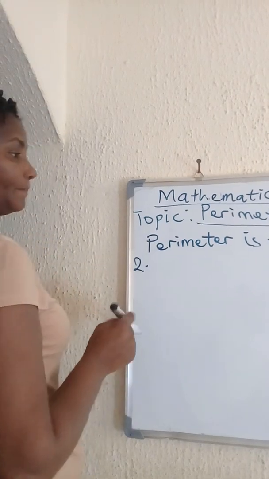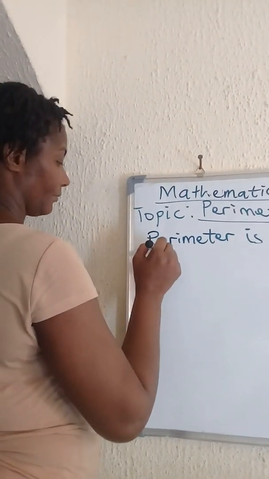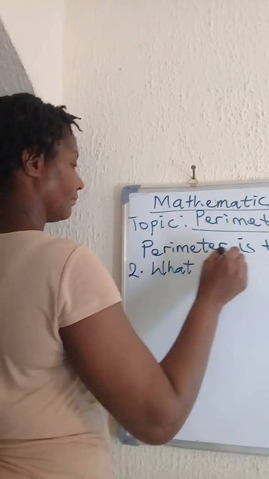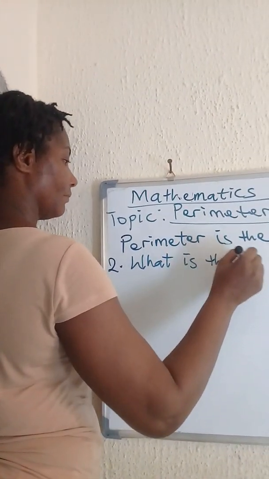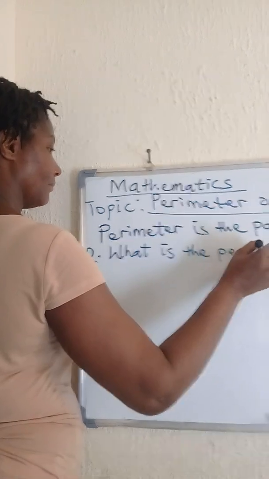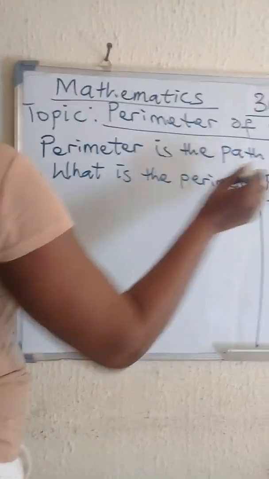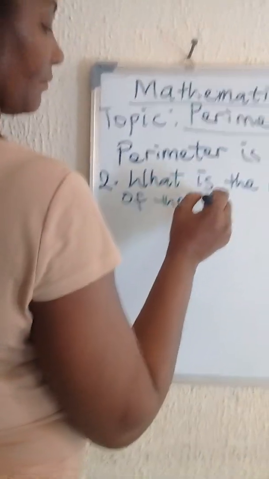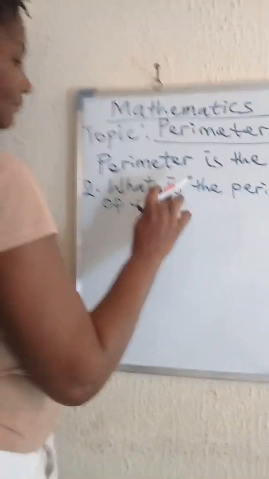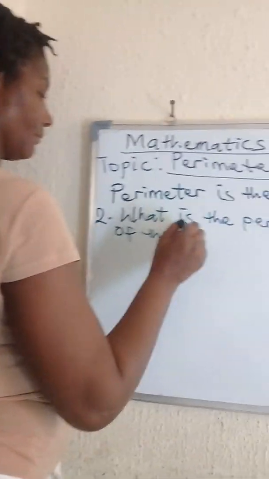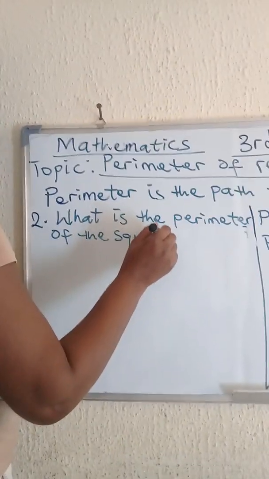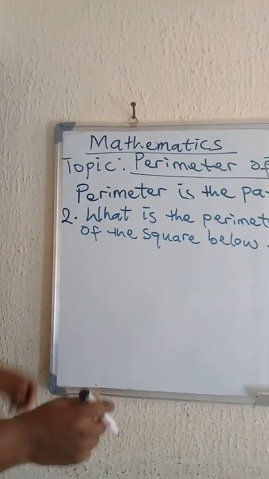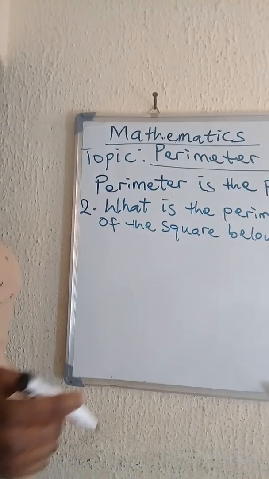Example number 2. What is the perimeter of the square below?